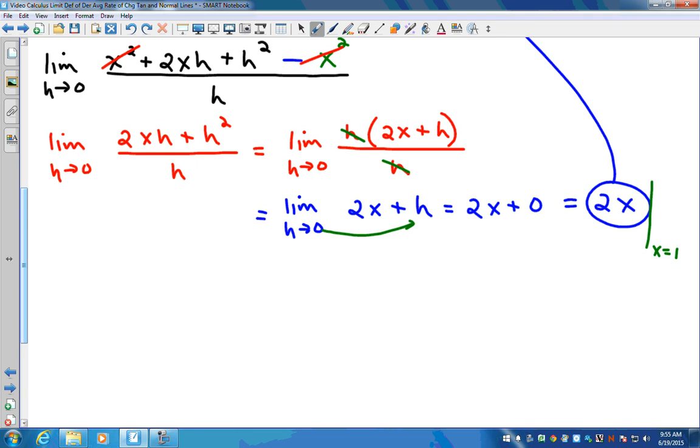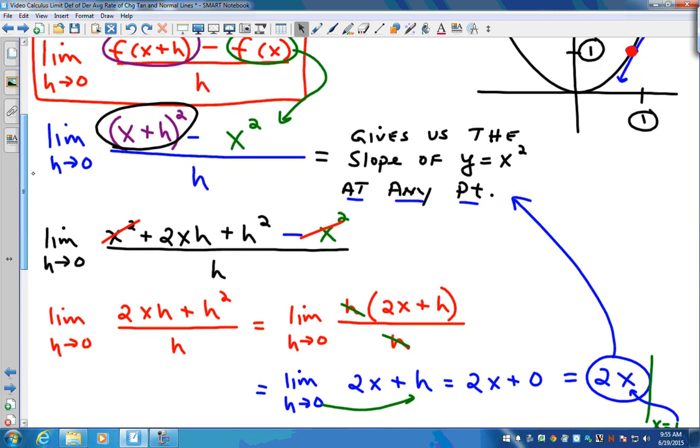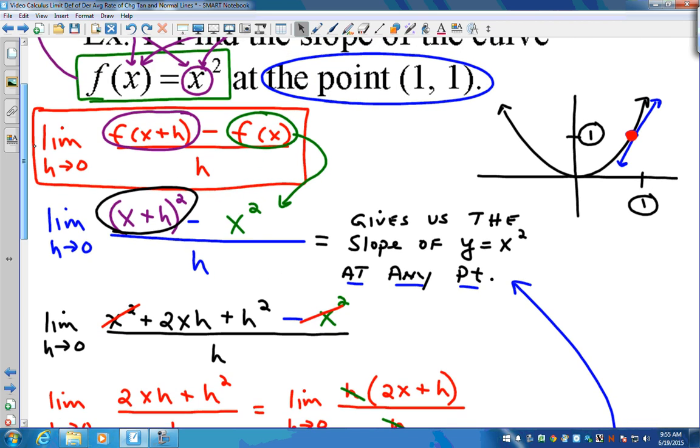By that I mean we are going to take 1 and plug it into the equation for x. So we get 2. So the answer to the question is 2. The slope of y equals x squared at x equals 1 is 2. The slope of this tangent line here is 2. The slope of this curve at this point is 2.